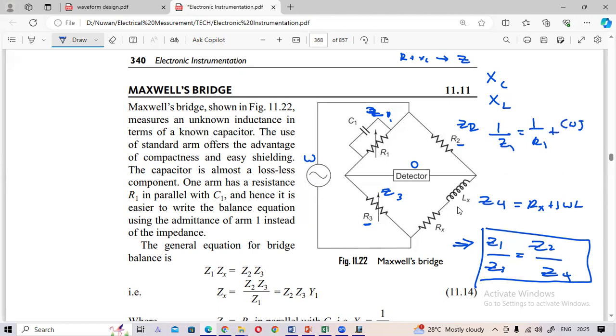So here you can find Z1 also. So you have this relation. You can find Z1, Z3 is already there, and Z2, Z4 you can find.